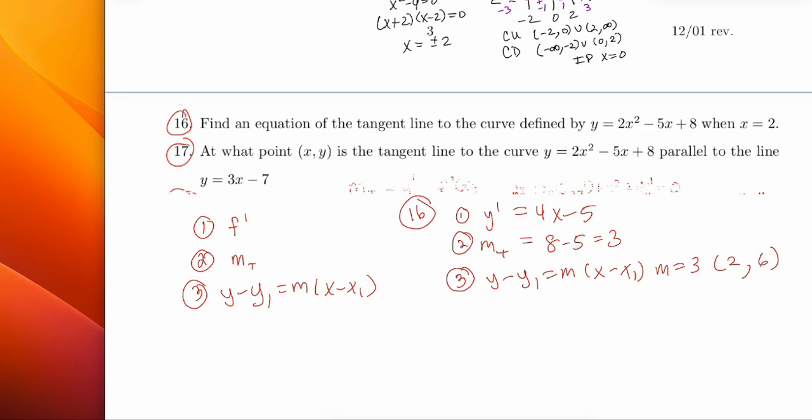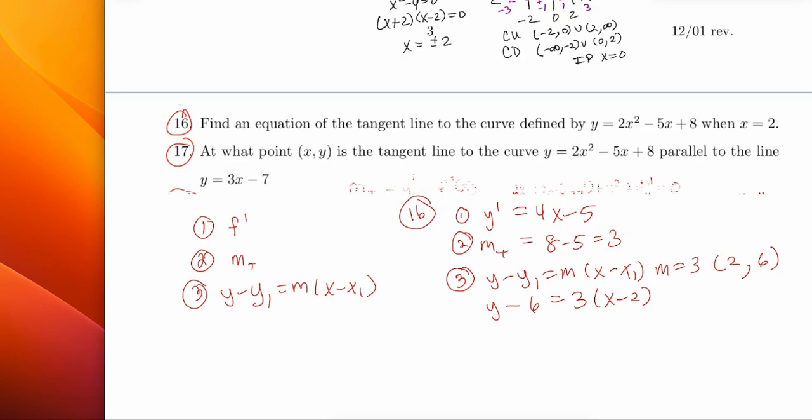So we do need a full point there. Sometimes they'll give you the point. They'll say, at the point 2, 6. But sometimes if they only give you the x value, you know how to find a point. Just plug into the original. Okay. So our equation of our tangent line is y minus 6 equals 3 times x minus 2.